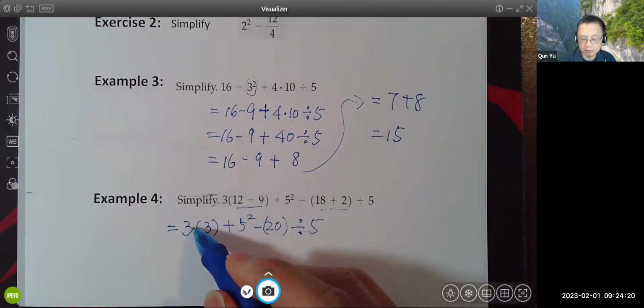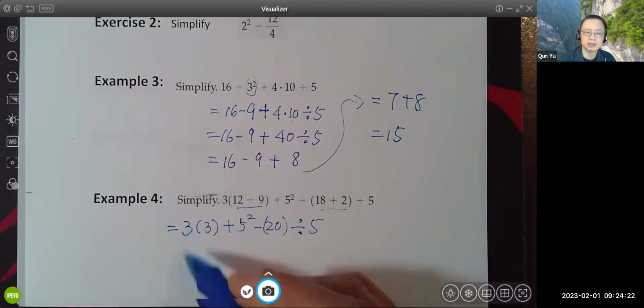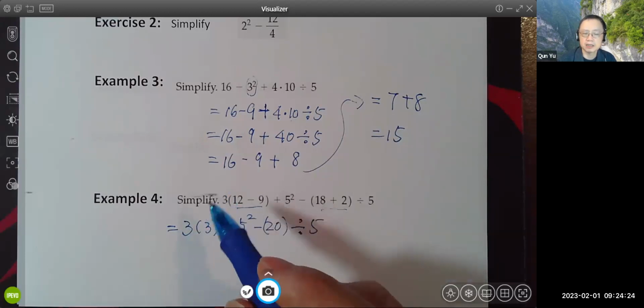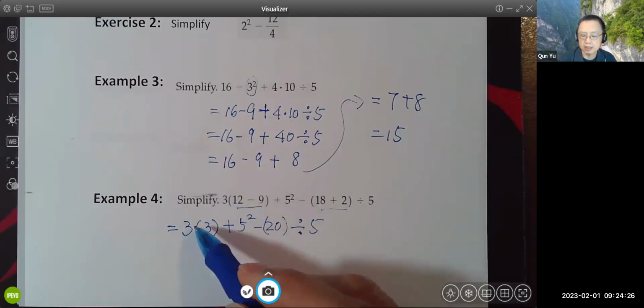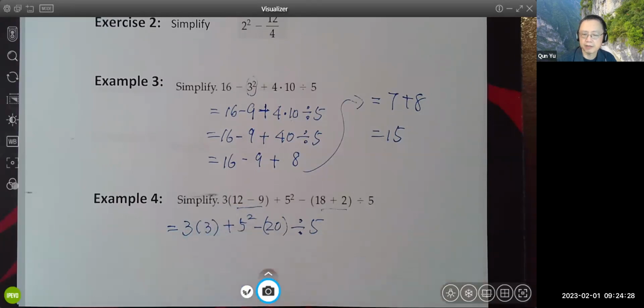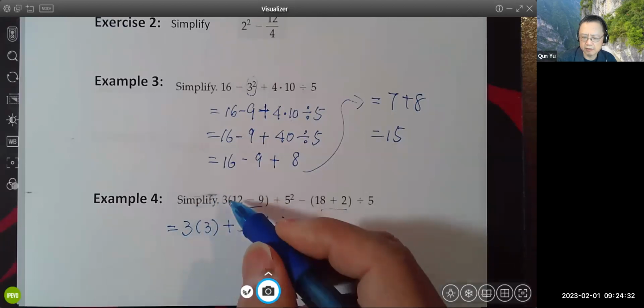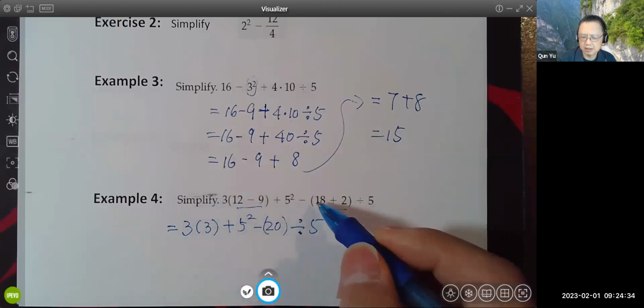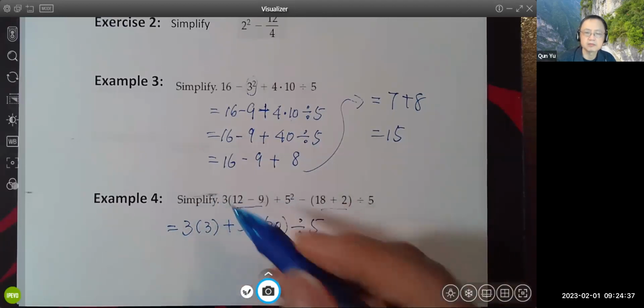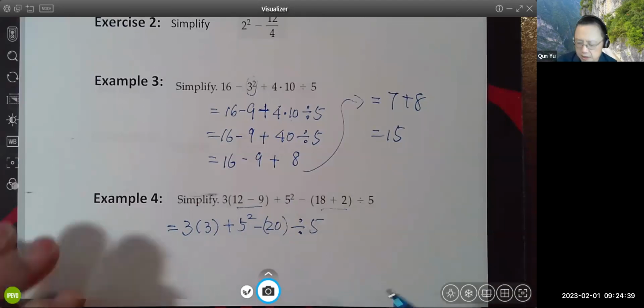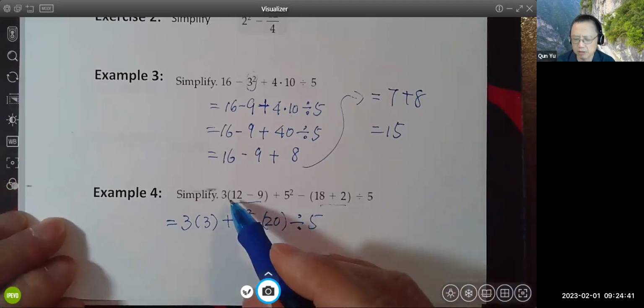Like when you have multiplication, you don't need to indicate that, because in algebra, if there's nothing between a number and the parentheses, by default it means multiplication. That's why they don't have the dot here and here in this case. So I just want to make sure everyone understands why there's nothing here.